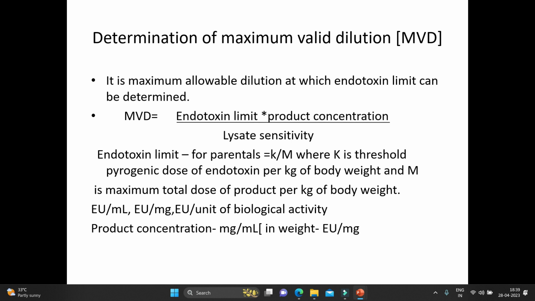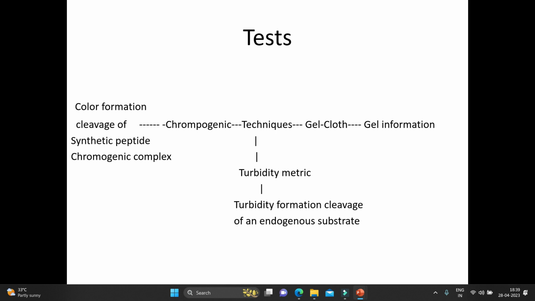Some techniques are there. One is the gel clot technique, where we identify by gel formation. Another is chromogenic, which means color formation by cleavage of synthetic peptide chromogenic complexes; by the color formation we can identify the endotoxins.